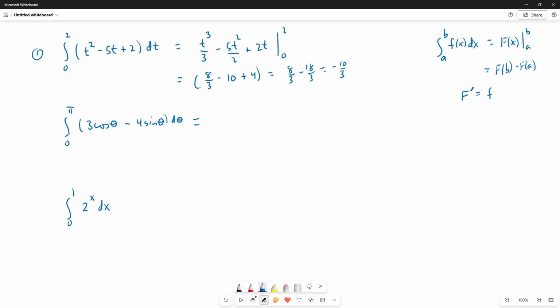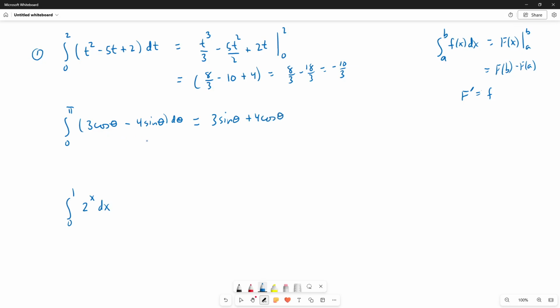For the second one, integral 0 to pi of 3 cosine theta minus 4 sine theta d theta. We need an antiderivative. The antiderivative of cosine is sine. So this is 3 sine theta. And then the antiderivative of sine is negative cosine. So this is going to be plus 4 cosine theta.